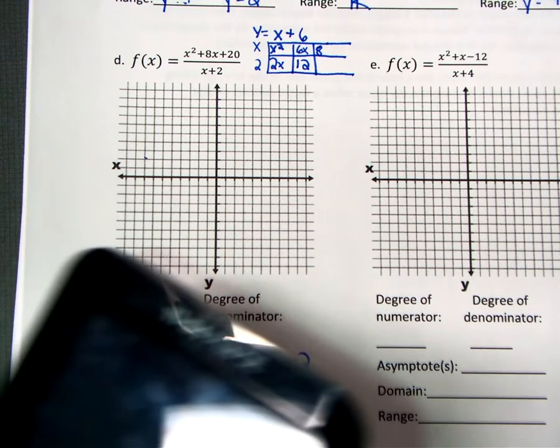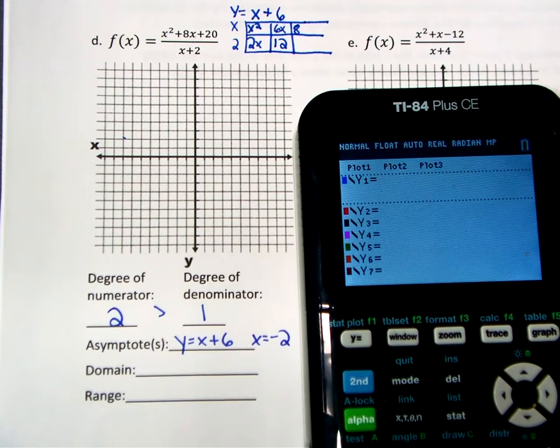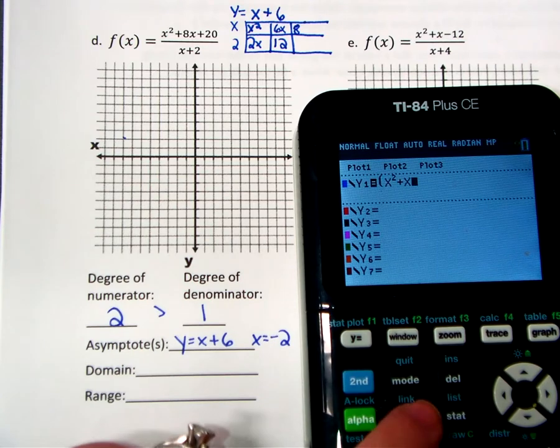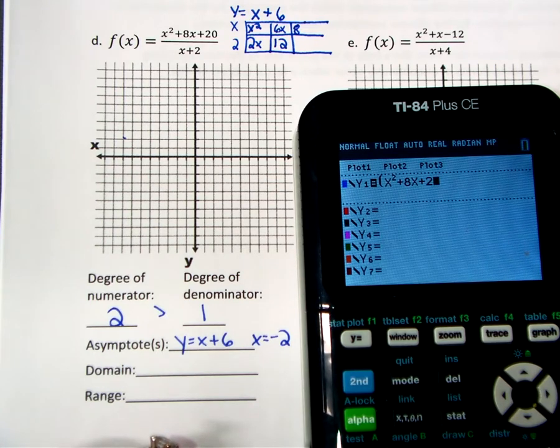Clear out our graph from before. x, parentheses, x squared plus 8x plus 20, divided by x plus 2. And we're going to graph it.